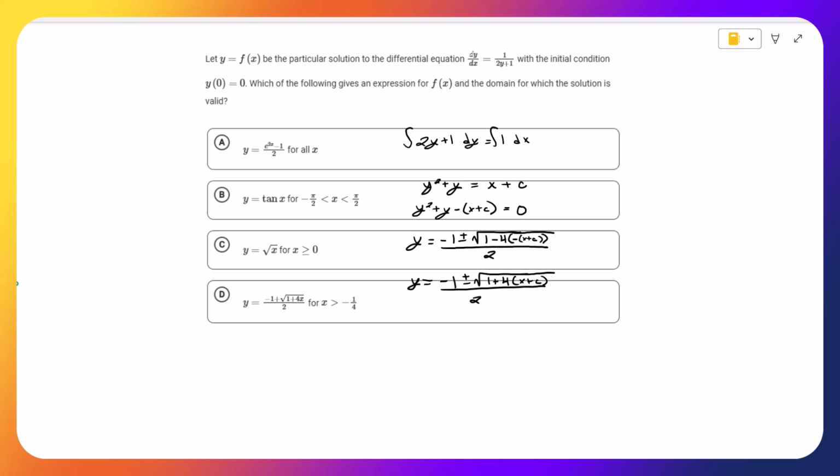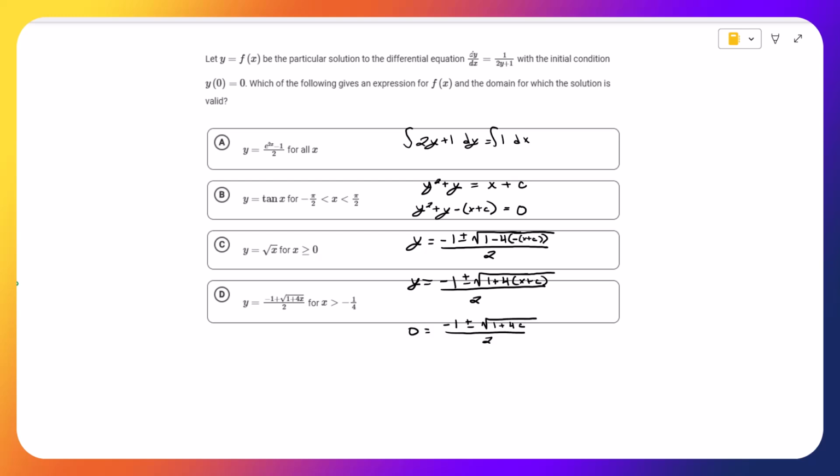And now let's just go ahead and substitute in. Let's find our c. We have 0, 0, so 0 equals negative 1 plus or minus the square root of 1 plus 4c, divided by 2.